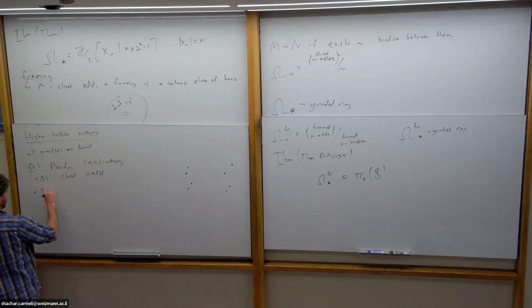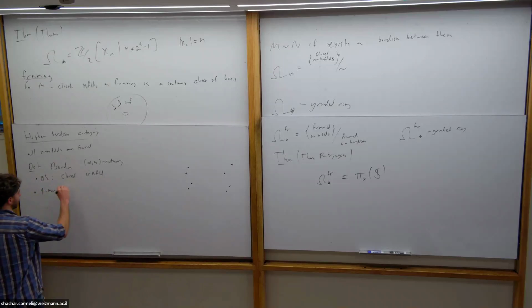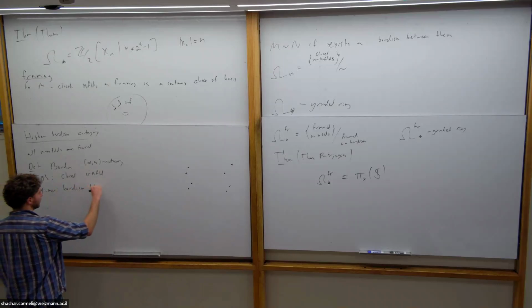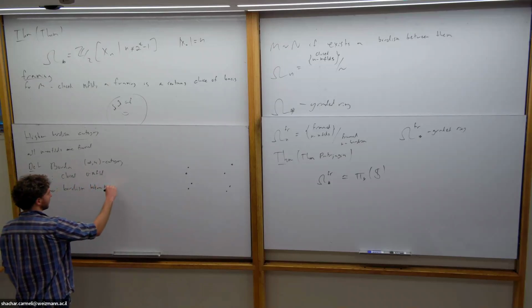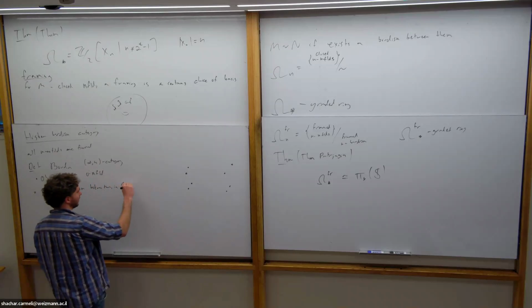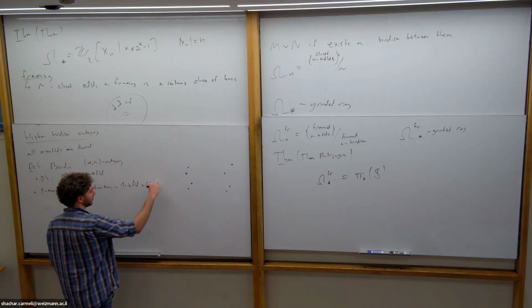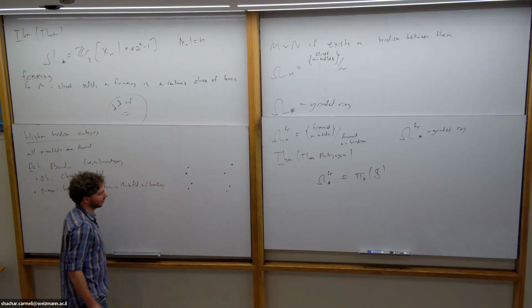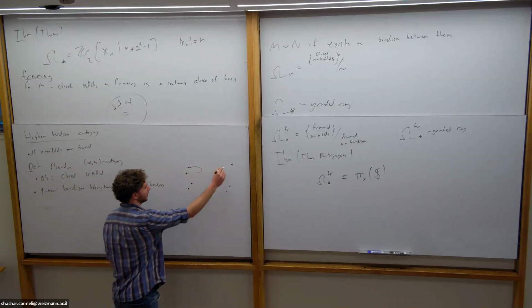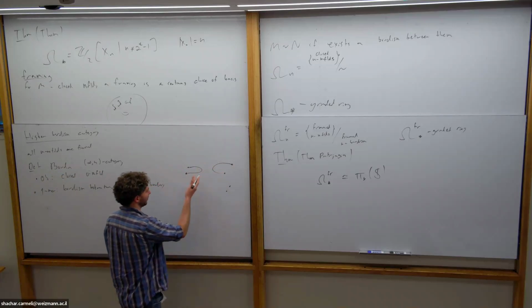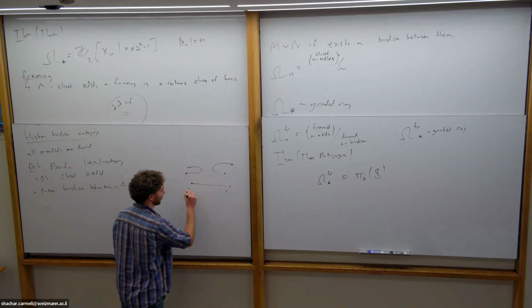The one morphisms are bordisms between them, i.e., one manifolds with boundary. So, for example, this is a bordism. This is also a bordism.